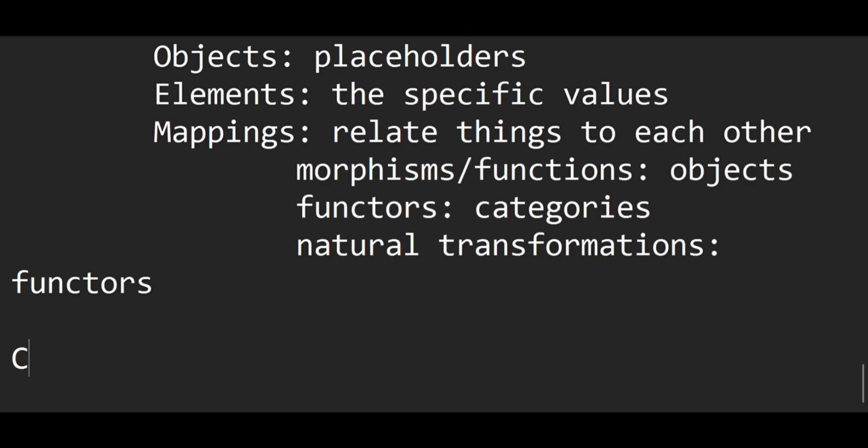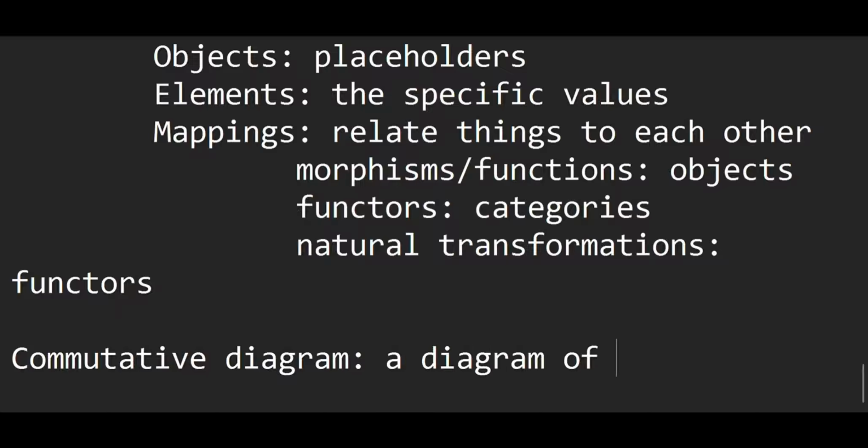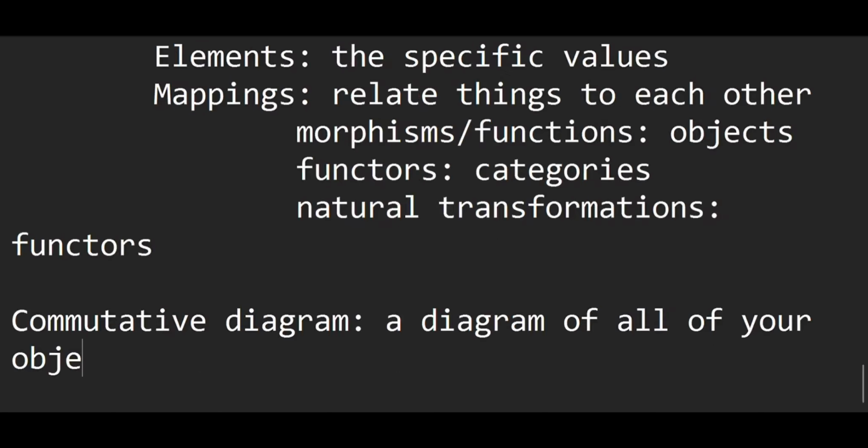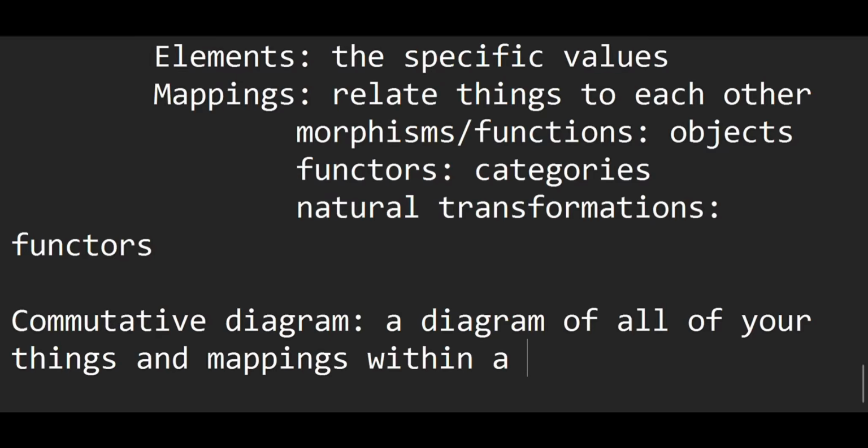And then finally, we talked about what a commutative diagram is, which is a diagram of all of your objects, things and mappings within a category.